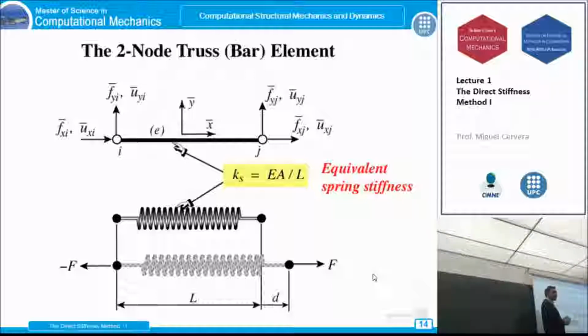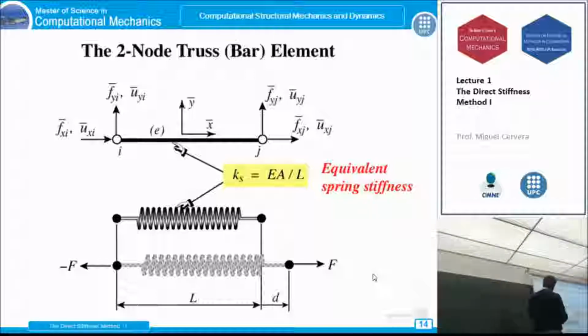And I insist, because it's not breaking, that's compatibility for you, it has an elongation. And we know that the relationship between the F and the D is Ks. Okay? So we can write for the spring F equals Ks times D. And that's Hooke's law. Okay? So that we already know. That's linearity and elasticity for you.